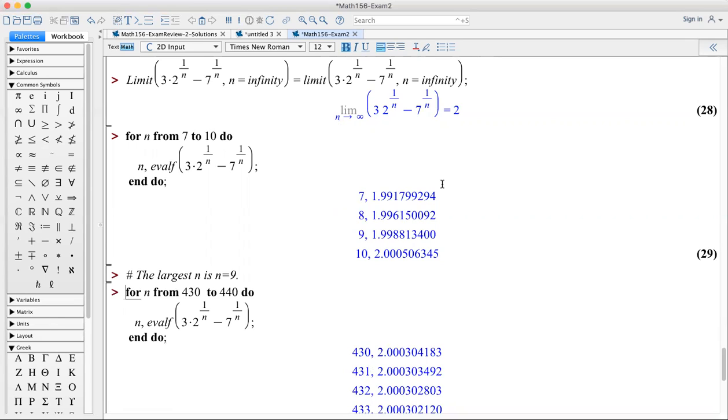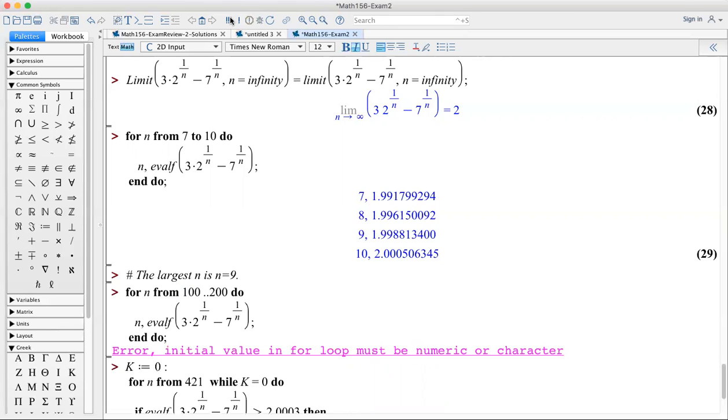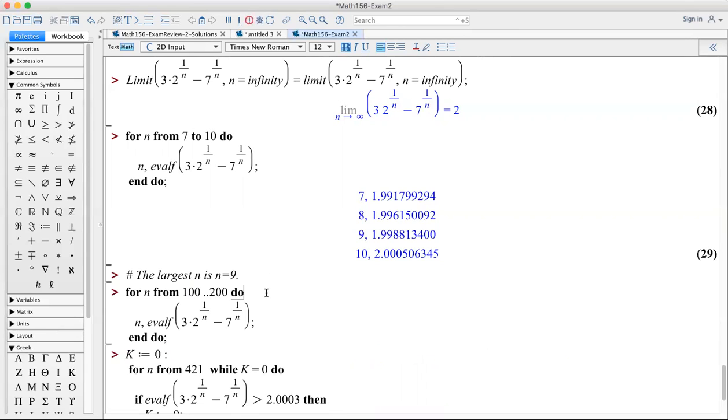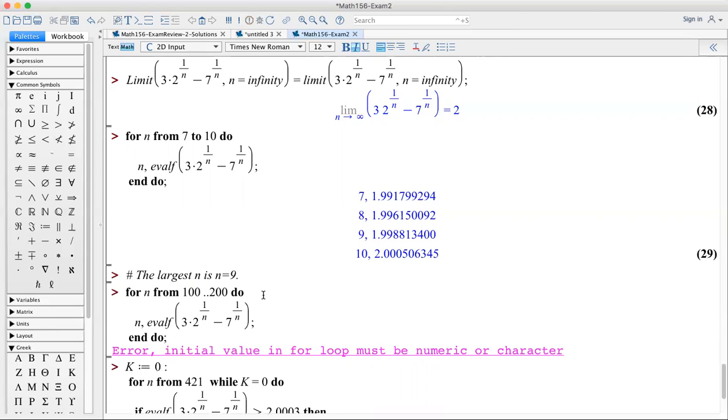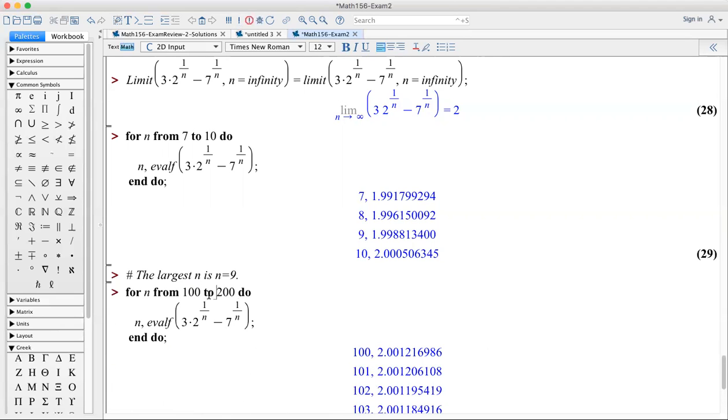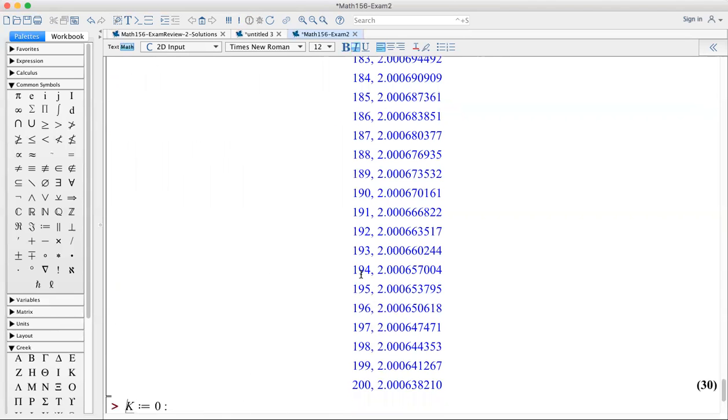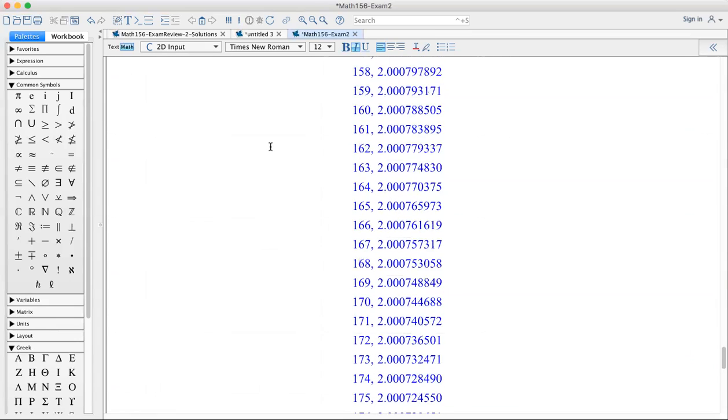So I want to find the n when these numbers, for example, let's go from 100 to 200. All right, so I'm doing this huge calculation.